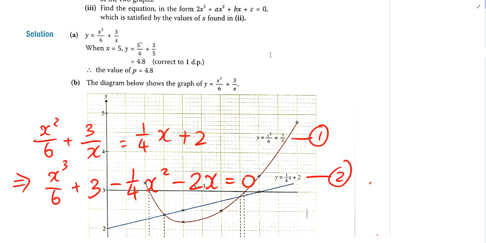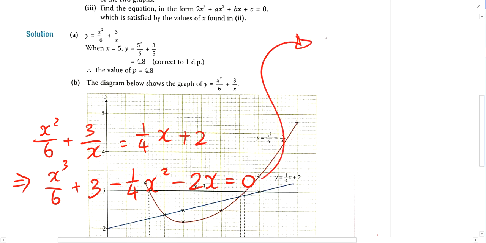What shall I do? Times 12. Okay, let's multiply by 12. So multiply by 12, I get 2x cubed. Can you help me out over here? What's next? The x squared term. Times 12. What do we get? Negative 3x squared. Then I want the x term now. I want a constant now.